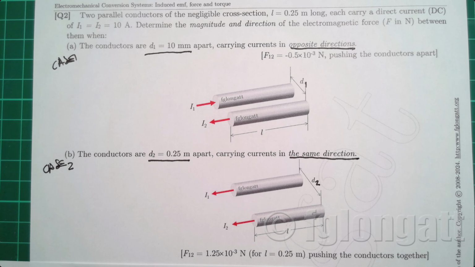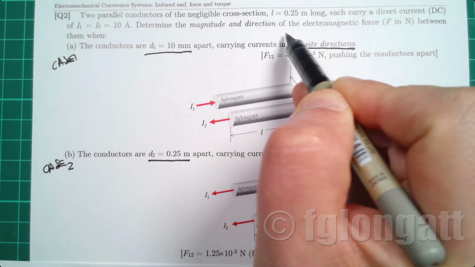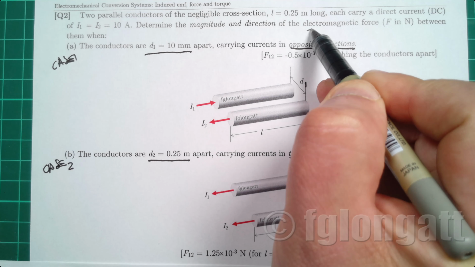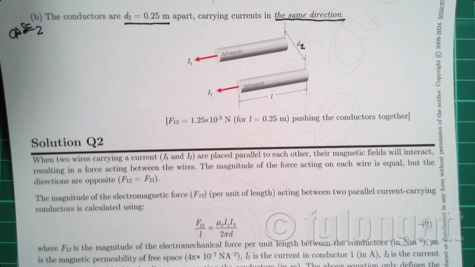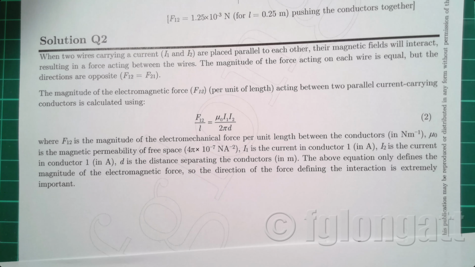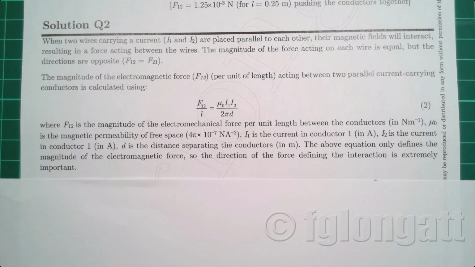So this is a very interesting problem and it is related to the electromechanical force. So let's start the solution. I already covered this topic a lot during the classes. I already defined this equation.